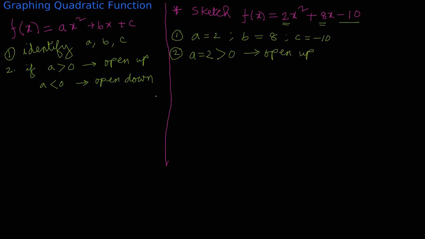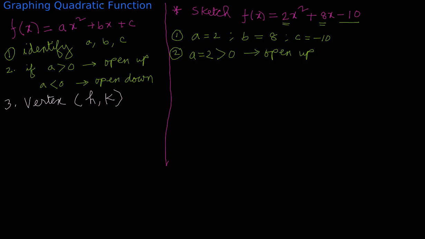Now step number 3 is finding the vertex. We know that the vertex is (h, k). Previously we found h, k directly.